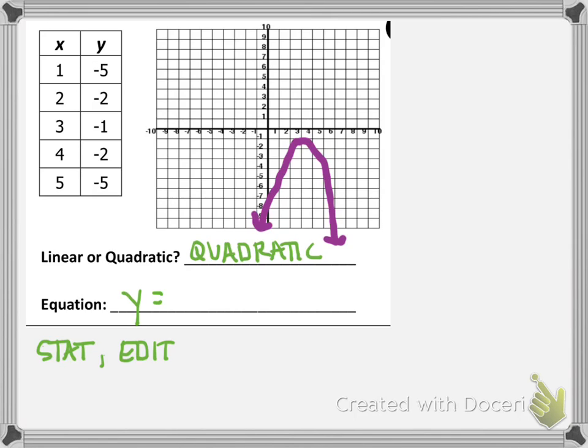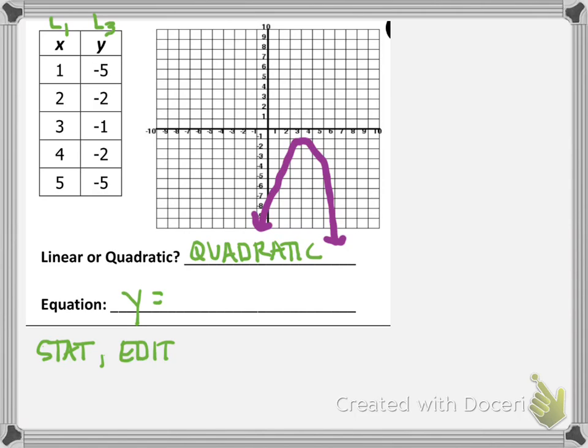Put these values in line 1, put these values in line 3. Mine says line 3, yours may say line 2. I'm going to put 1, 2, 3, 4, and 5 in there. And then I'm going to go over to my line 3 and put in -5, -2, -1, -2, and -5.